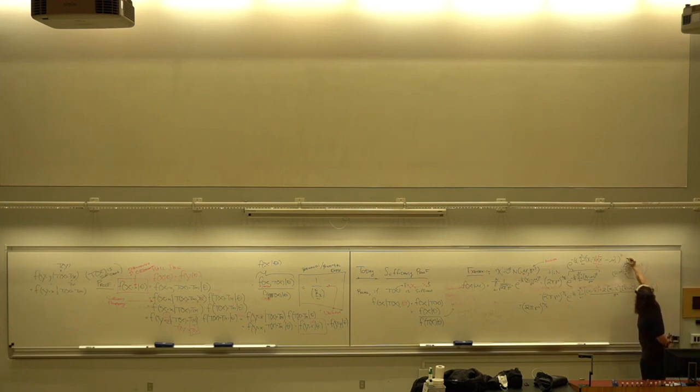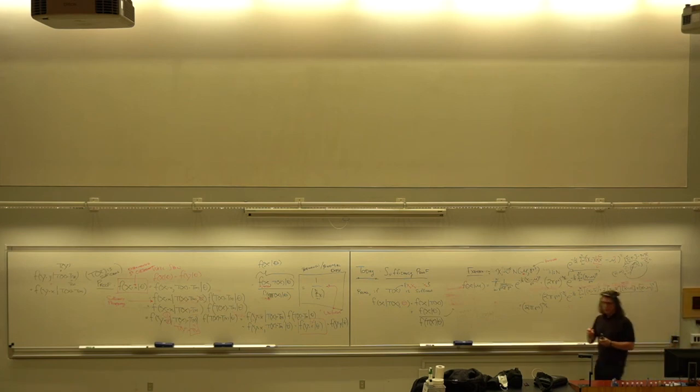I'll just expand it. That's the sum of the xi's, i goes from 1 to n, minus n x bar. n x bar is the sum of the xi's, so this thing is 0. So we can just get rid of it. Always true.